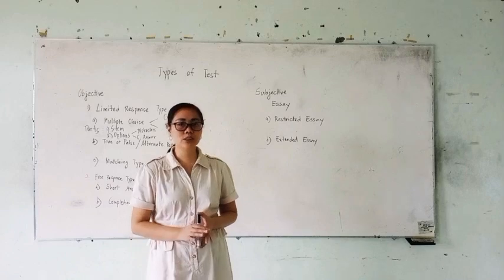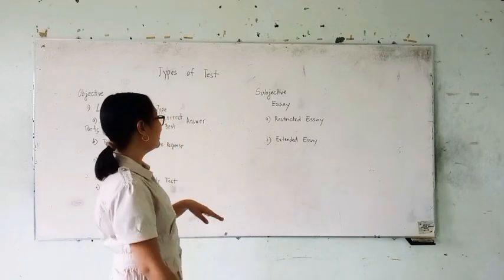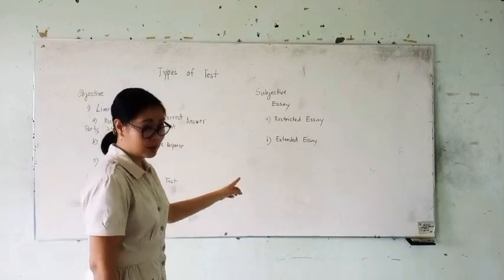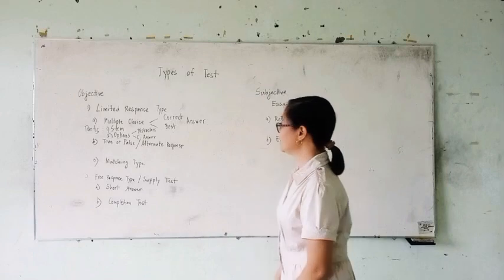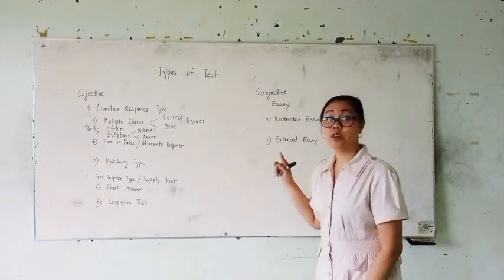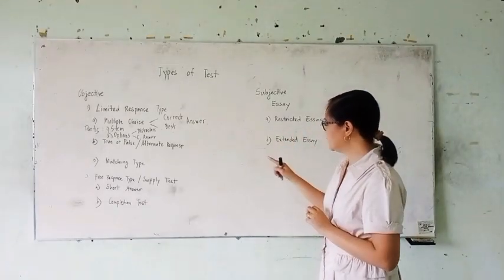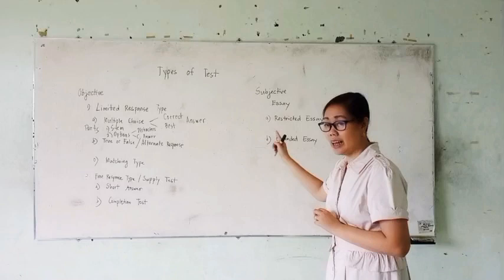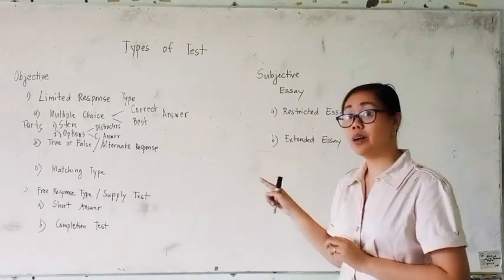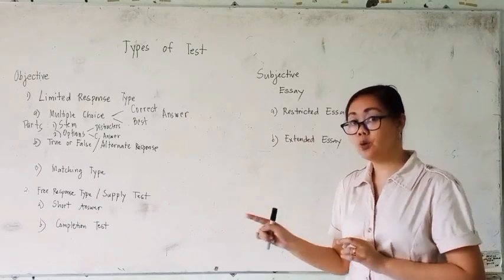Okay? So, those are the different types of tests. I will repeat. Types of tests, the classification rather, are objective and subjective. For objective tests, we have the types, the limited response and the free response type, or the supply type. For the limited response, you have multiple choice, which is to choose the best answer or to choose the correct answer. For alternate response, we have true or false, fact or opinion, yes or no, and others.